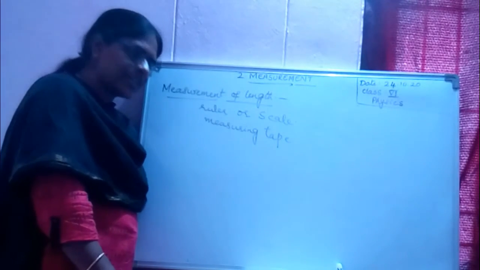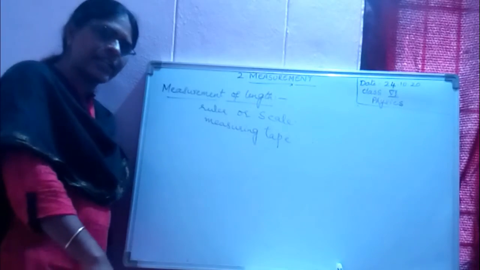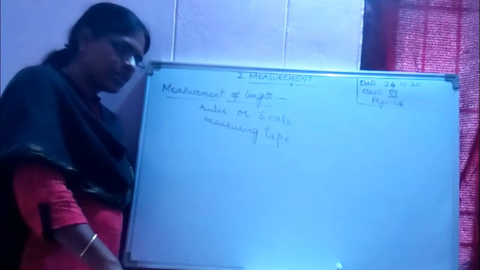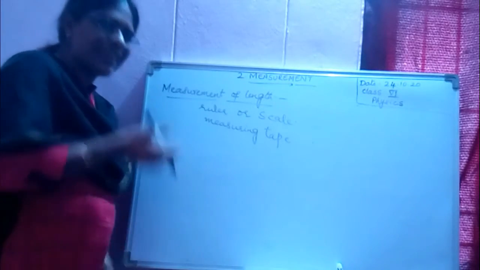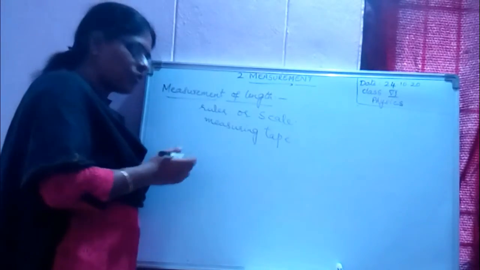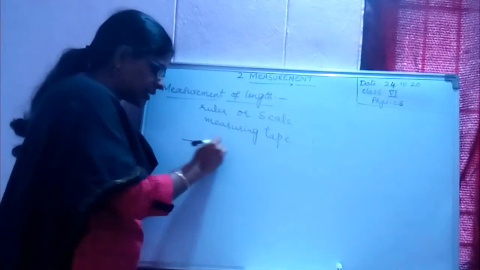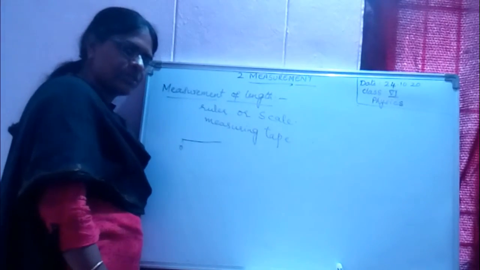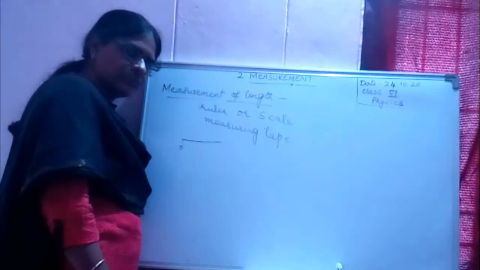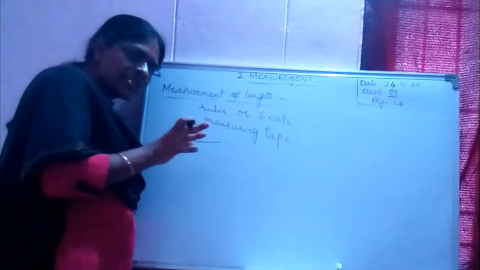Look at figures 2.5 and 2.6. In order to measure the length of the block, he has placed the scale properly, from 0, in a straight line.